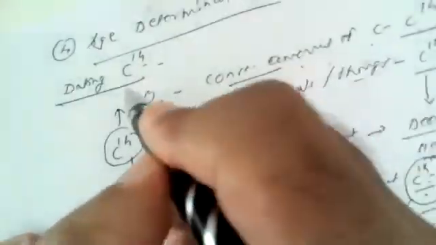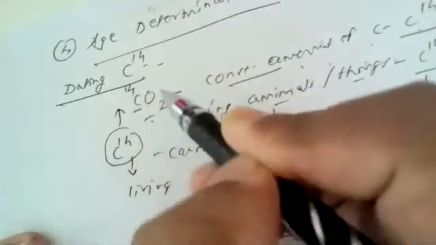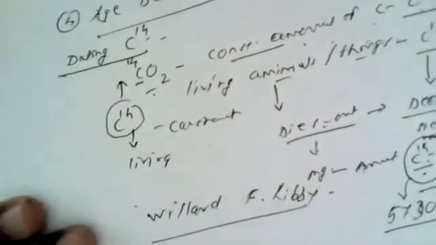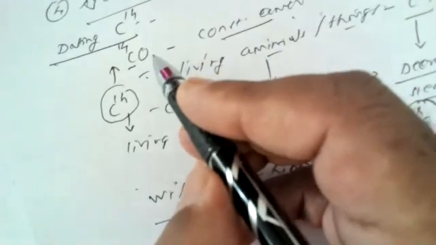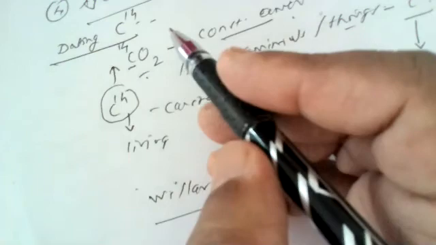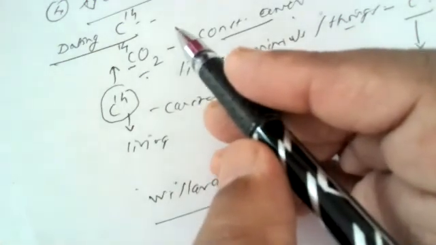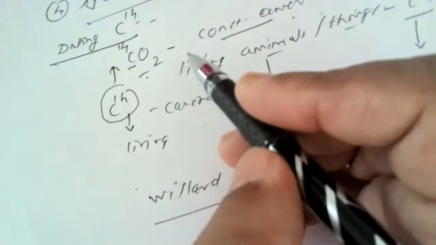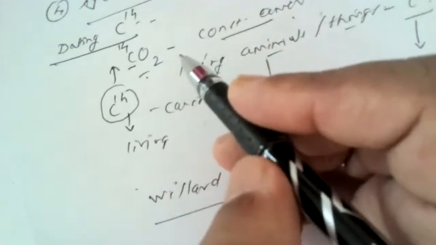This carbon dioxide, containing C14, is available to living plants at all times, as we know. Plants take up this carbon dioxide and re-emit oxygen after photosynthesis.